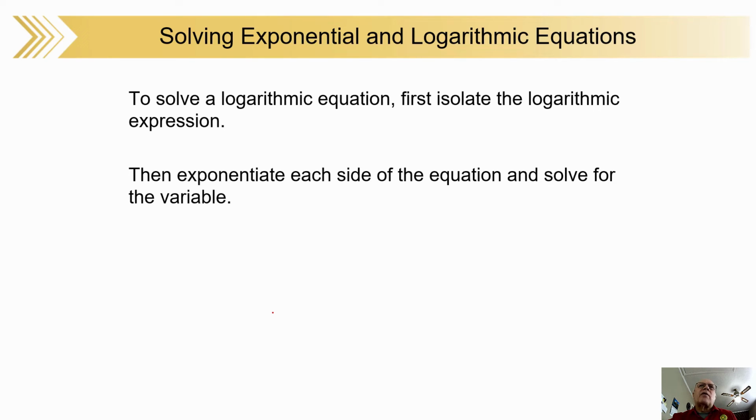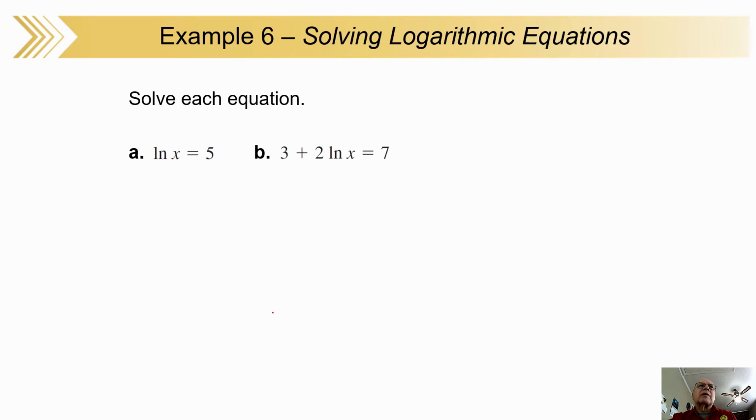So how about the other way around? Let's take a look at some of those. So first one. Natural logarithm of x equals 5. It looks like we're stuck. No, we're not stuck. We know the base is e, so I'm going to convert that by rewriting it.